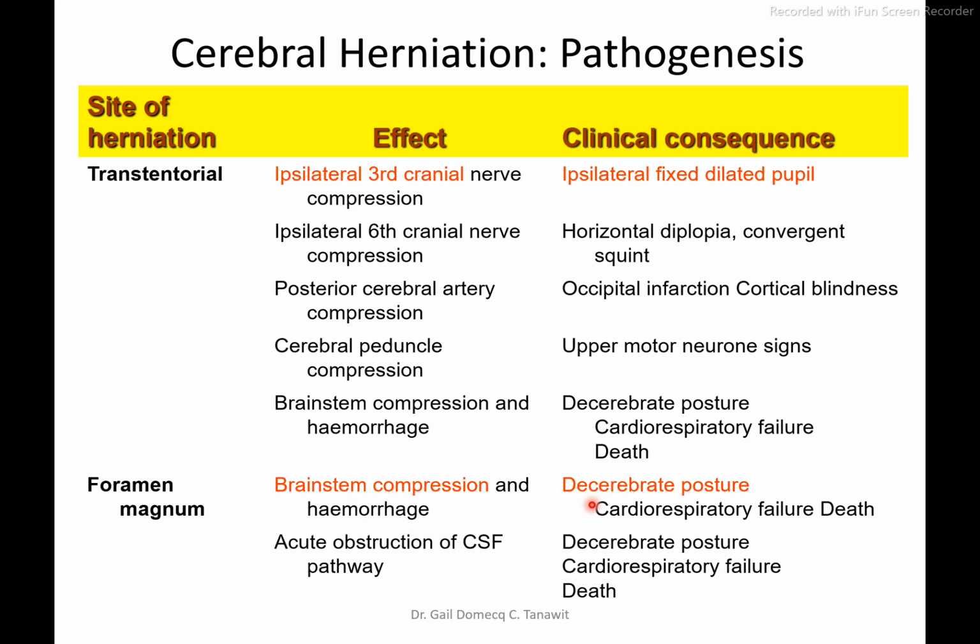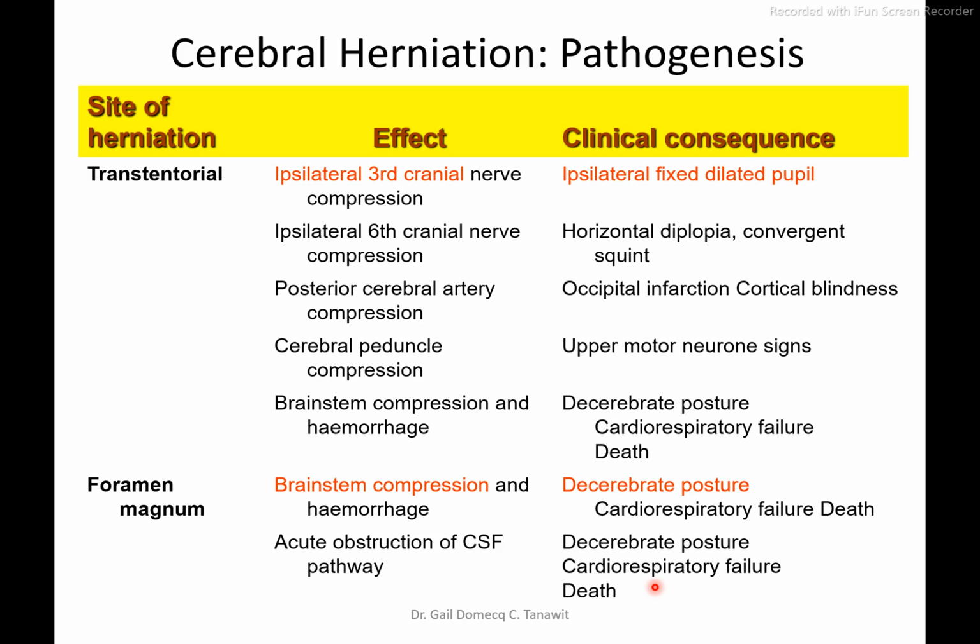So this would manifest with decerebrate posture and cardiorespiratory failure, death. Then acute obstruction of the CSF pathway, of course, can also lead to decerebrate posture and cardiorespiratory failure. So this is decerebrate, the opposite of decorticate.